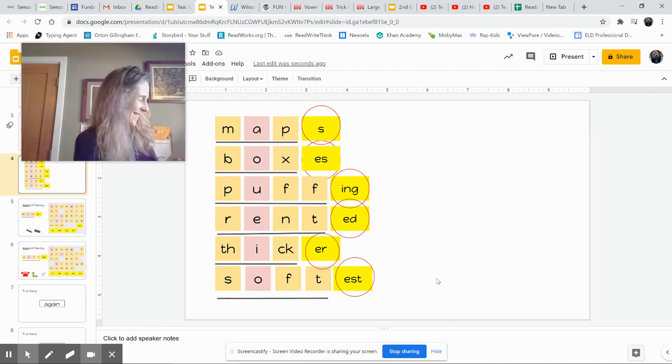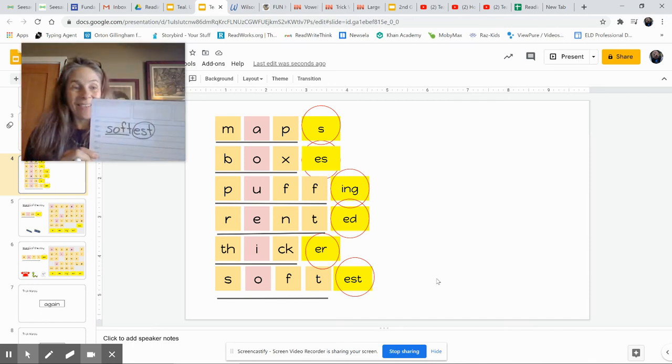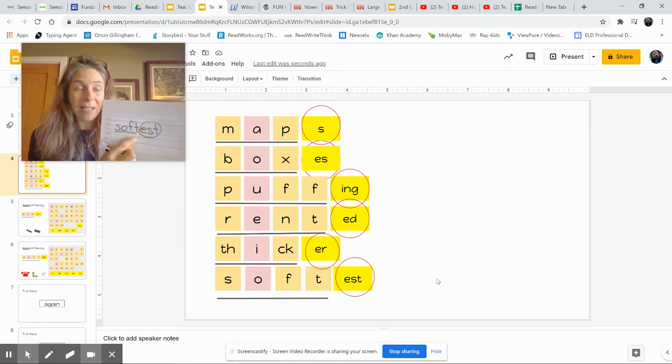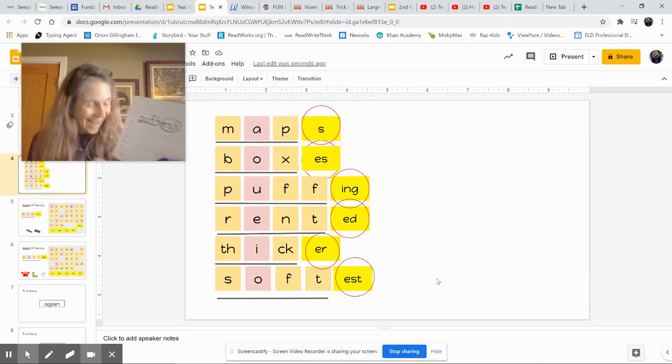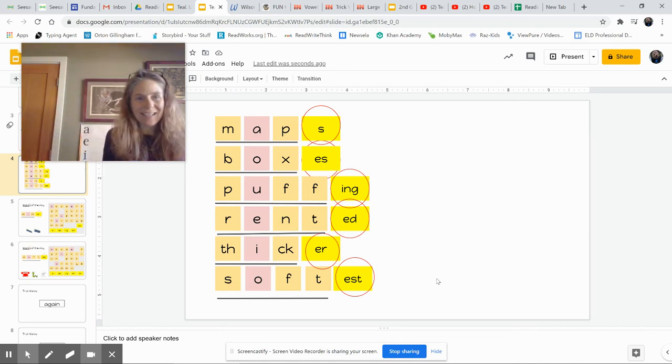Underline the base word and circle your suffix. Here we go. Soft, and there's that FT blend, est, softest. Yes, nice work, students.